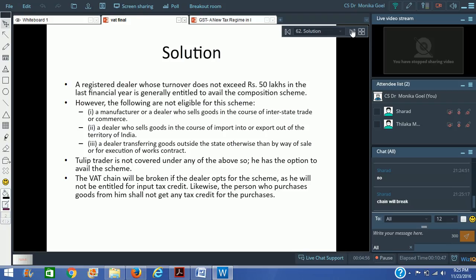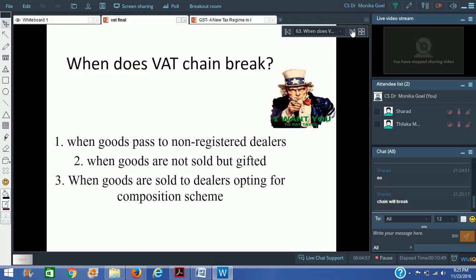But the chain will be broken only if the composition scheme is given to him. In this case, particularly when he is buying goods from the interstate market, from outside his state, the VAT chain does not break.